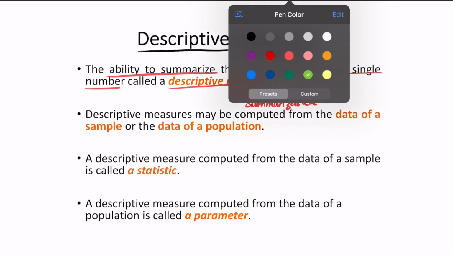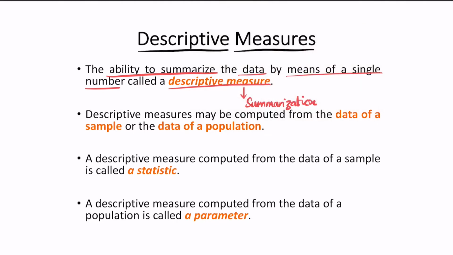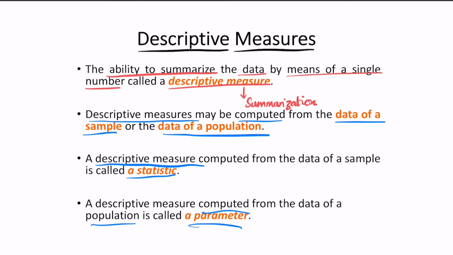Descriptive measures are generally computed from the data of a sample or the data of a population. A descriptive measure computed from the data of the sample is called a statistic, and a descriptive measure computed from the data of a population is called a parameter.